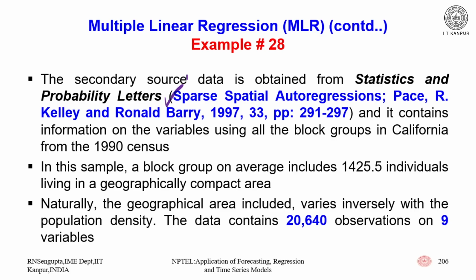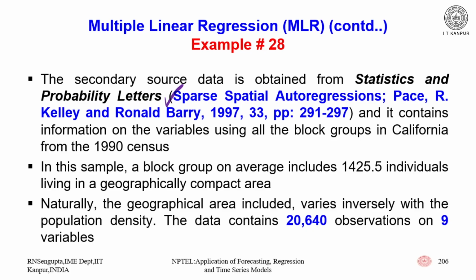And what it contains is very interesting. It contains the information on the variables using all the block groups in California. In this sample, a block group on an average includes 1425.5 individuals living in a geographically compact area in the state of California in the US.